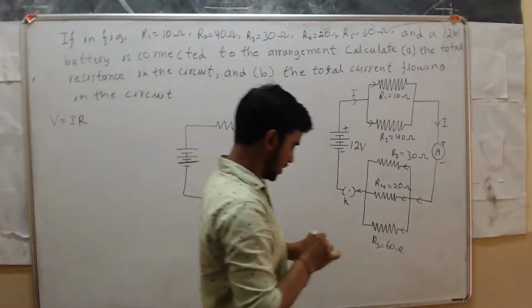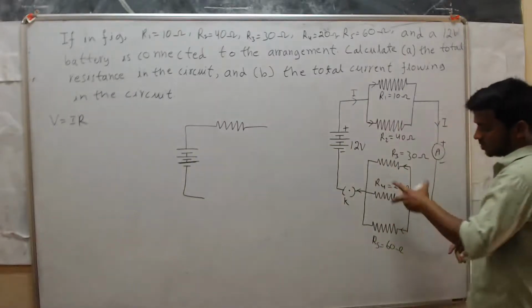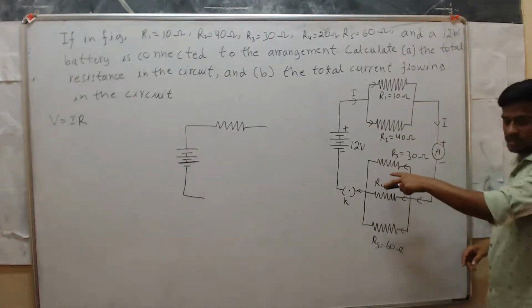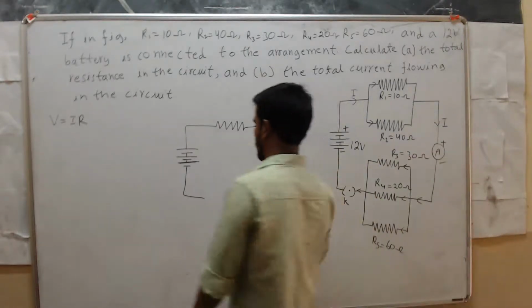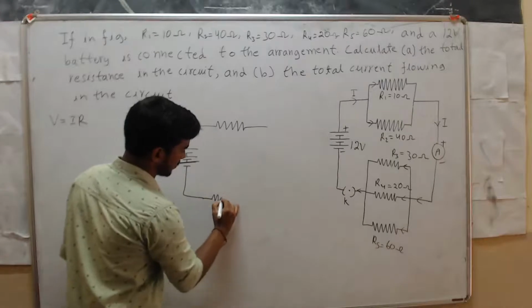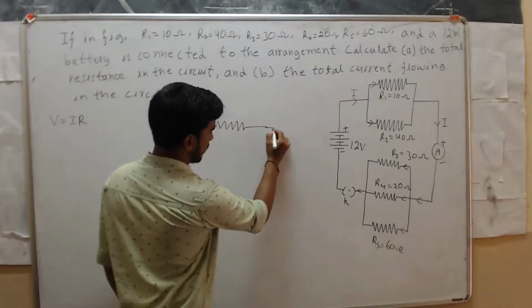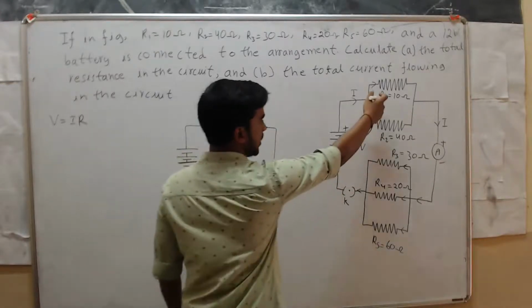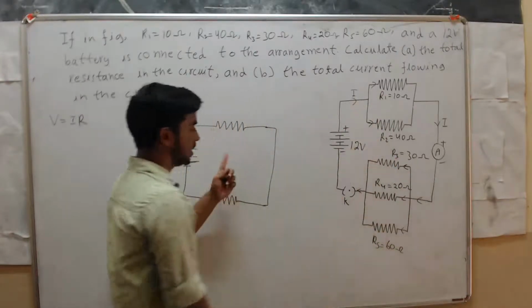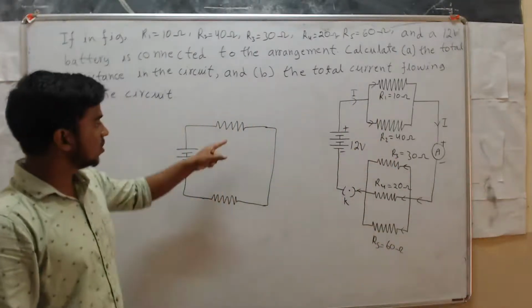Then now here also these three are in parallel. If you solve this one, then these three will become one. Okay, like this. So here you can redraw the circuit like this. Okay. Now observe here.